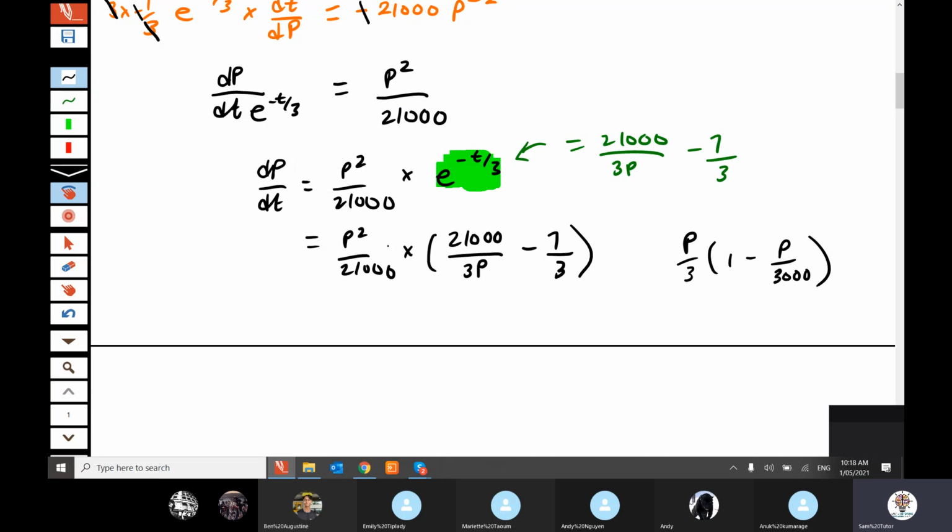All right, we're going to expand this, right, you guys? So what's p squared over 21,000 times 21,000 over 3p? Well, the 21s would cancel, squared and p would cancel. I'm left with p over 3 minus, that becomes 7p squared over 3 times 21, which is 63,000.